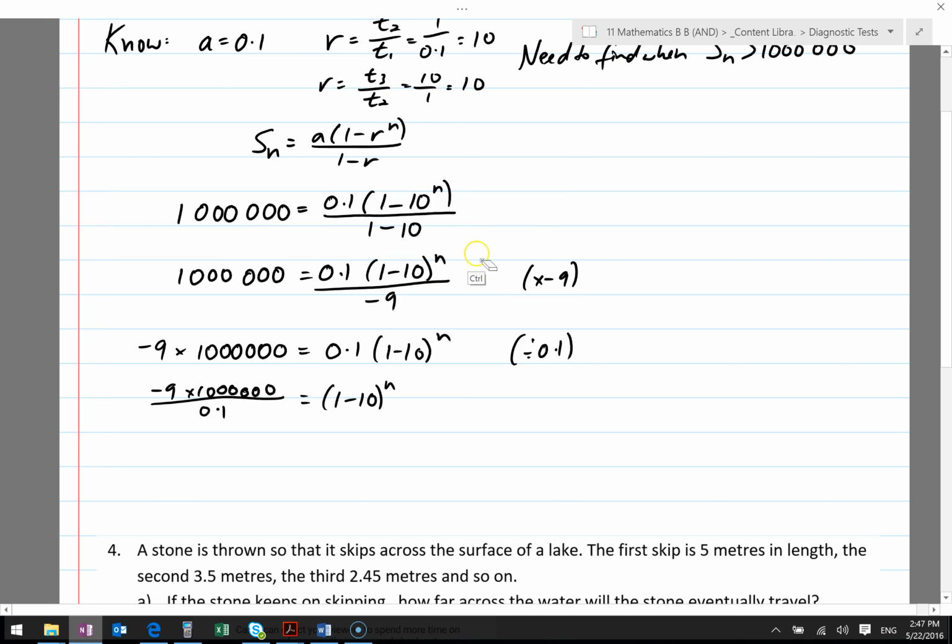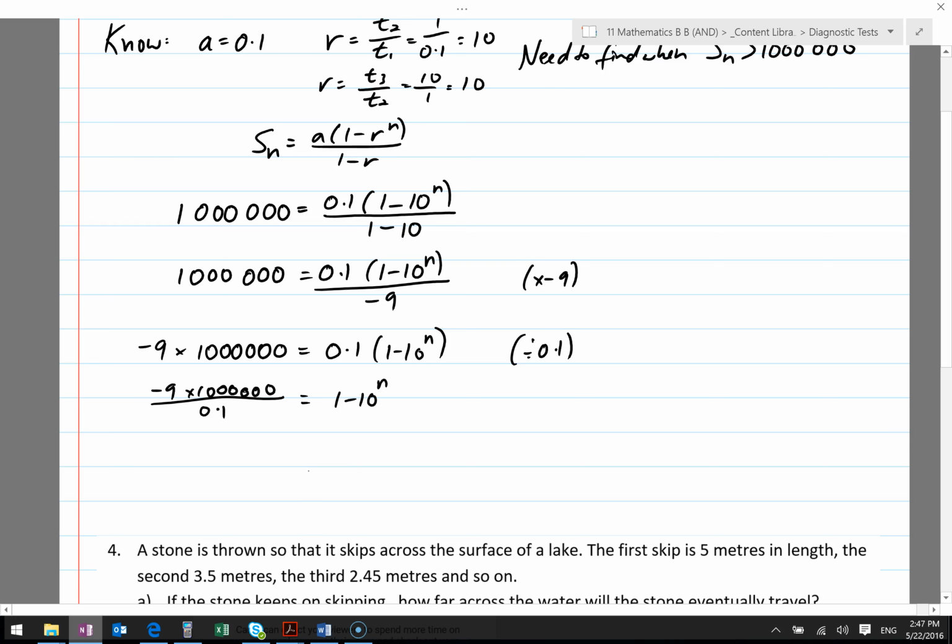So this power of n should be inside the brackets, and this power of n should be inside the brackets here. The reason why I realized it was wrong was because in this section here, I would have had a power of -9, and when I convert to logs, I would have been in all sorts of trouble. So that power needs to be inside the brackets. But since we're not multiplying it by anything anymore, we no longer need those brackets outside it.